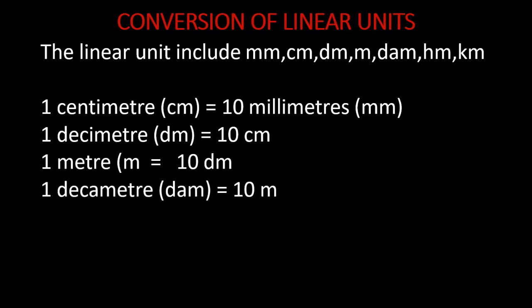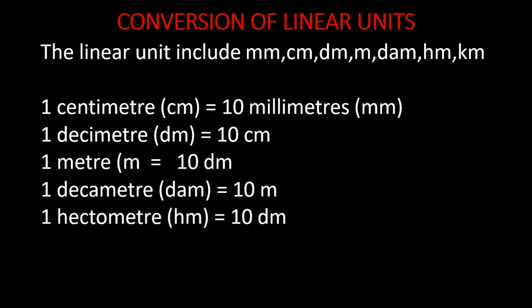We know that 1 hectometer is equal to 10 decameters, and 1 kilometer is equal to 10 hectometers. Now, you may not be familiar with this, but we are going to see how we can know the equivalence of these different units.